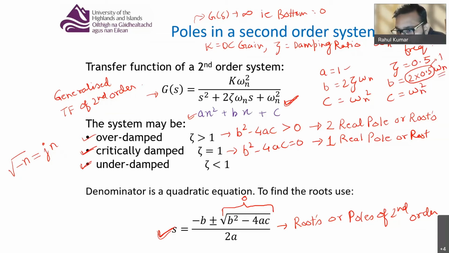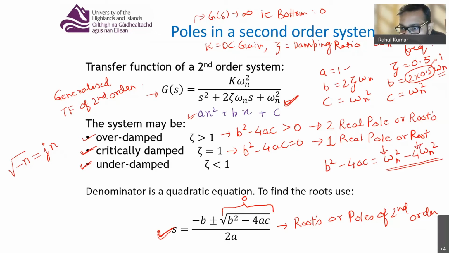So if we calculate B square minus 4AC, B square is omega n square, because 2 multiplied by 0.5 is 1, and minus 4, where A is 1 and C is omega n square. If we look at this value, the first term is smaller than the second term.